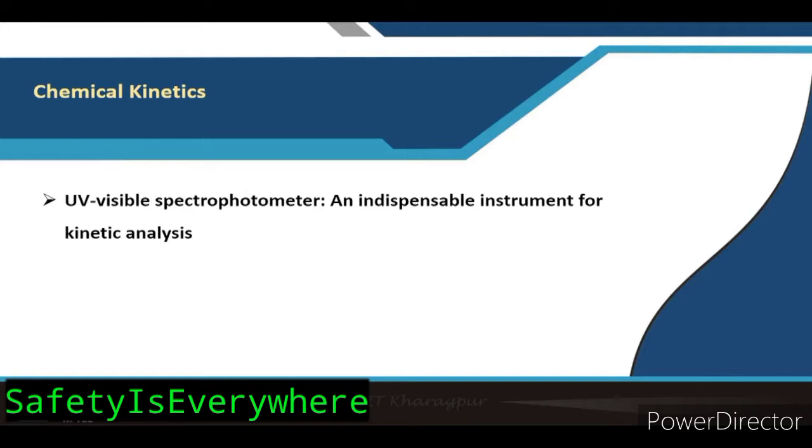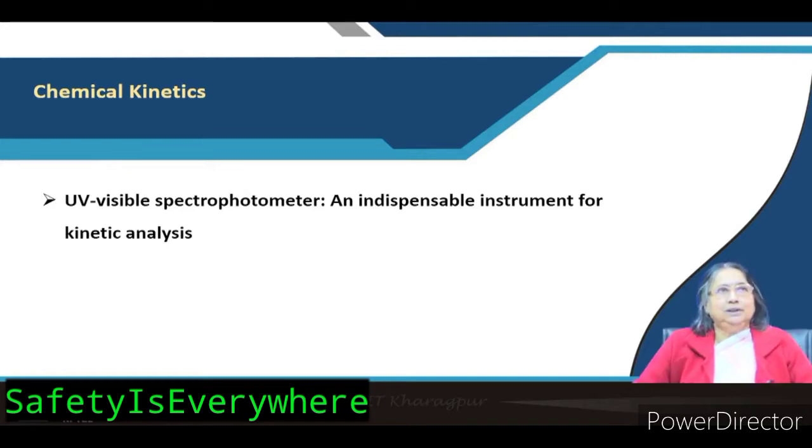Here it is the actually practical way I will show you how we can determine the order. And you know that the UV visible spectrophotometer is a very common and cheap instrument, present in every research lab and MSc or MTech lab.